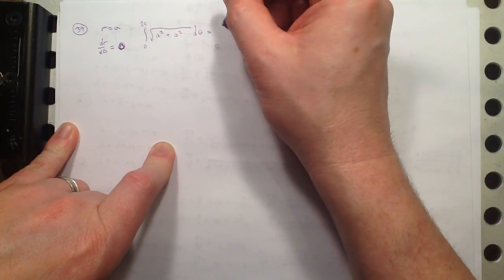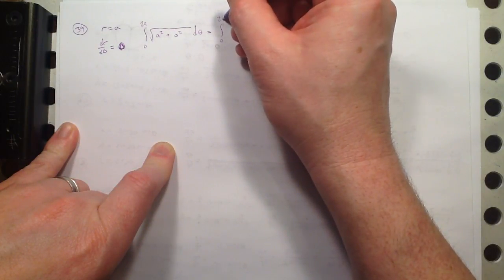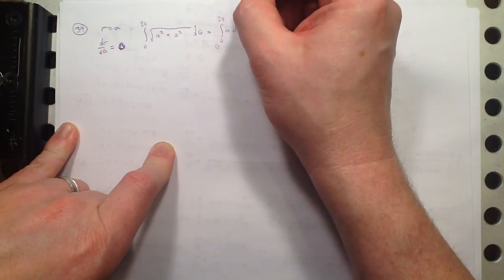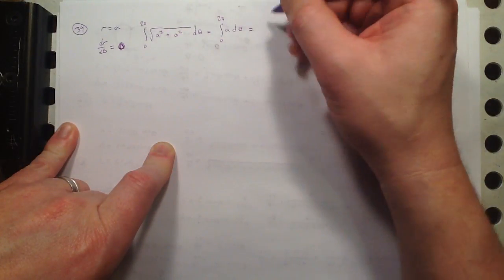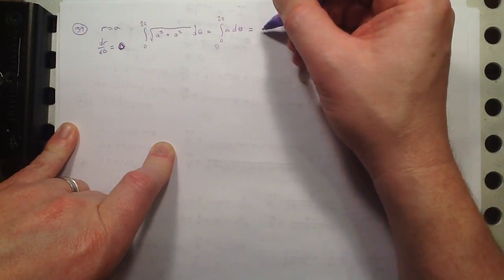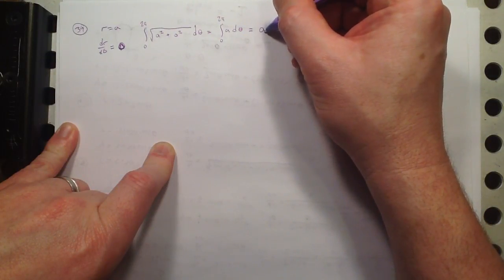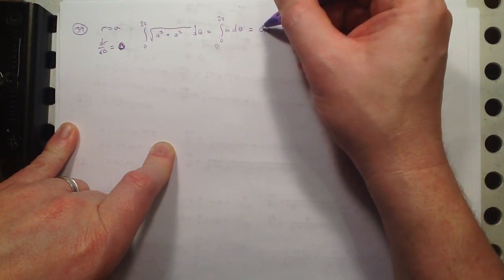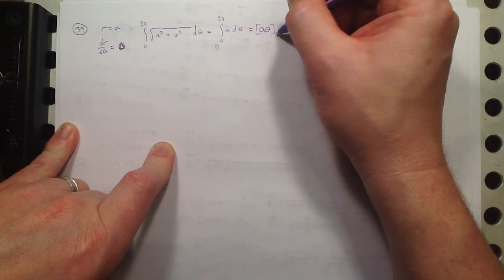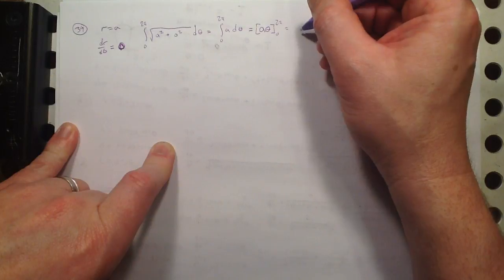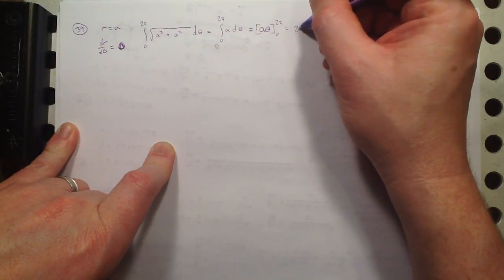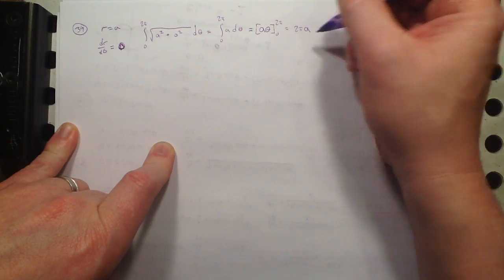When you simplify that, this one would be very easy to do by hand. The antiderivative of a, which is just a number, would be a theta, because theta is the variable. From 0 to 2 pi, that would be equal to 2 pi times a.